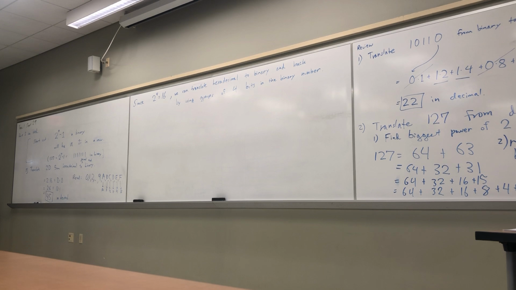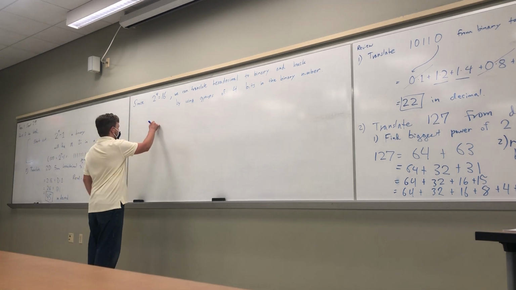So you need to see what I mean by that. What it's going to be is that you just treat each group of 4 as if it's just a 4-bit number, and you find that instead of having to work on the whole thing. Let me do an example though.